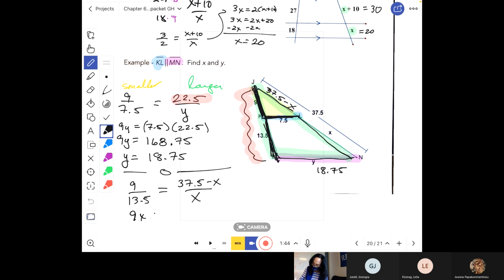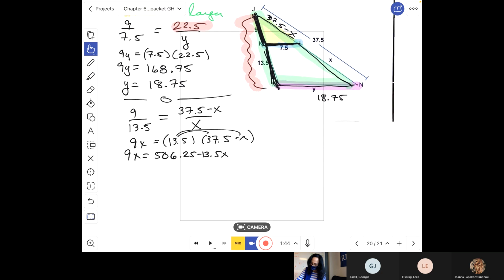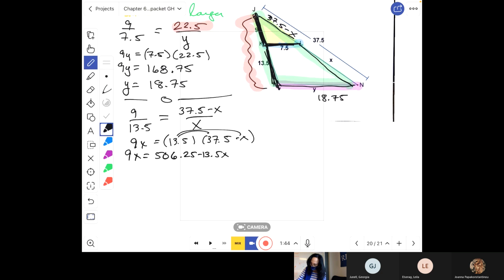So that's going to give me 9x equals 13.5 times 37.5 minus x. So that gives me 9x equals, if I distribute, 506.25 minus 13.5x. Then I'm going to add and get all my x terms on one side of the equation.